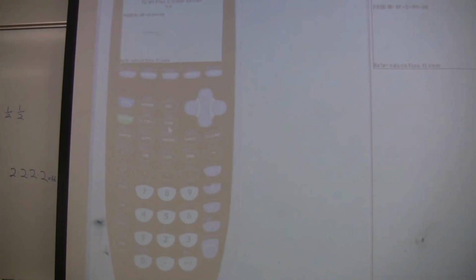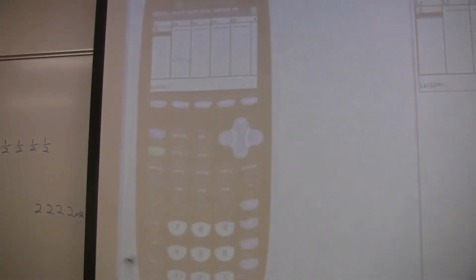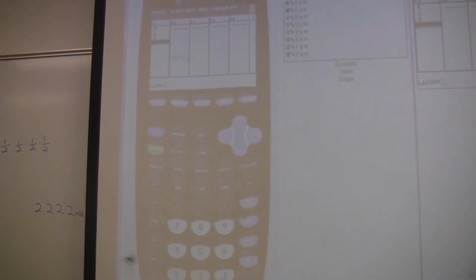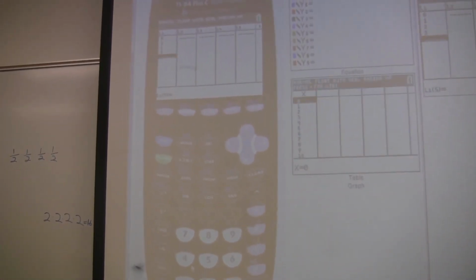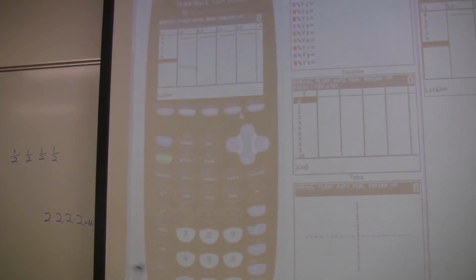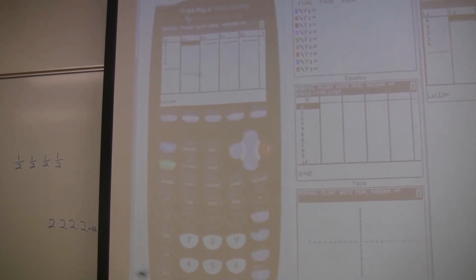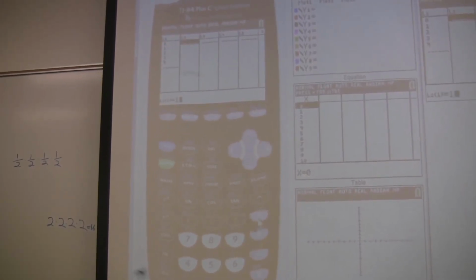So I'm going to go to stat, tell what I want to edit, and I have 0, 1, 2, 3, and 4. And then over here, 1 divided by 16, so I'm actually typing in 1 divided by 16 right here.